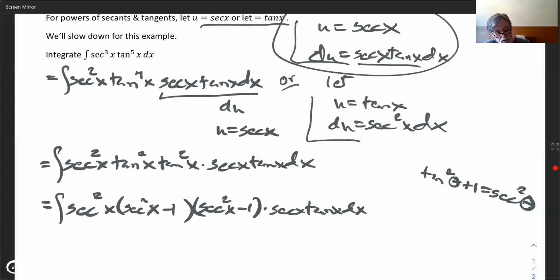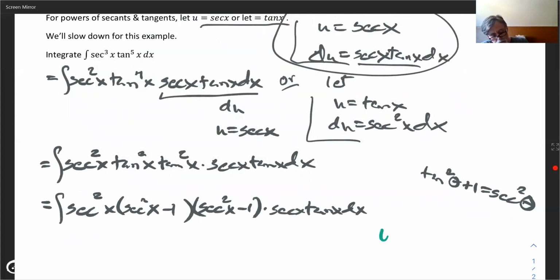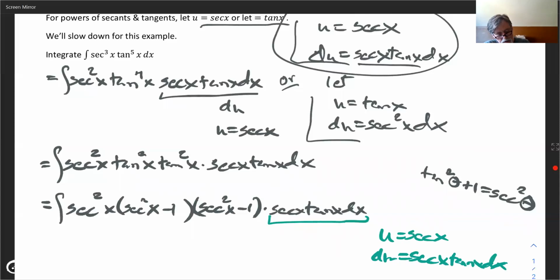But here comes our substitution. We're going to let u equal secant. Therefore, du is equal to secant times tangent times dx. Okay, so we realize that all of this is just du now.